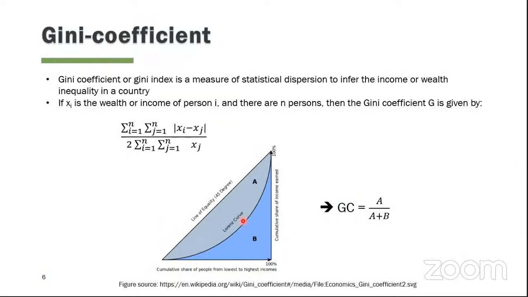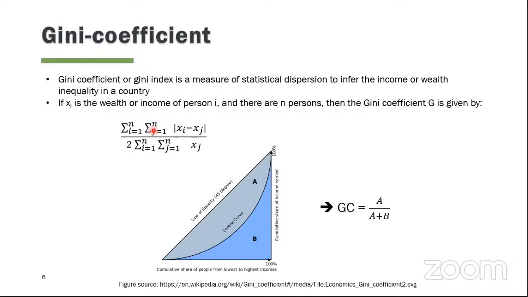So local Gini, which I'm going to define later on, is based on this Gini coefficient. Let me explain what it is first. Gini coefficient or Gini index is a measure of income or wealth. It was basically developed to measure the inequality in the income distribution of a particular country. This is the basic formula.